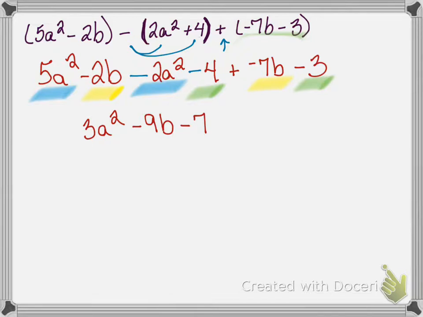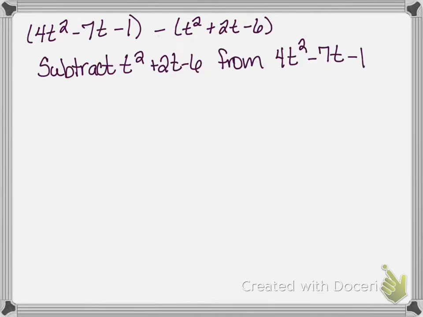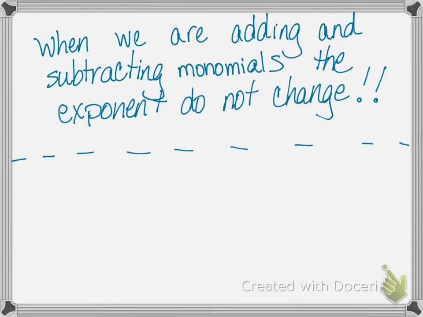We'll come back to this because I think we'll have time. This is super important. When we are adding and subtracting monomials, the exponents do not change. Students typically don't mess up with this until after I teach my next lesson.